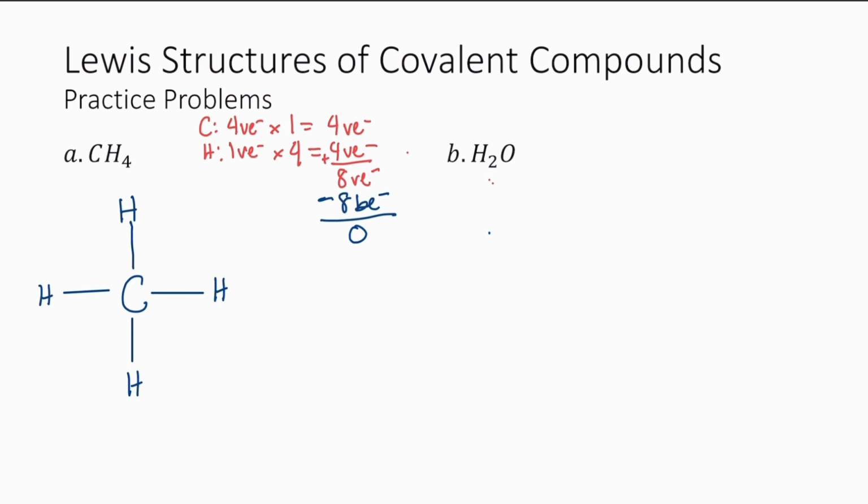Let's look at water, H2O. Hydrogen has 1 valence electron, and I have 2 atoms, which will give me a total of 2 valence electrons from my hydrogen. Oxygen has 6 valence electrons, and I have 1 of them.